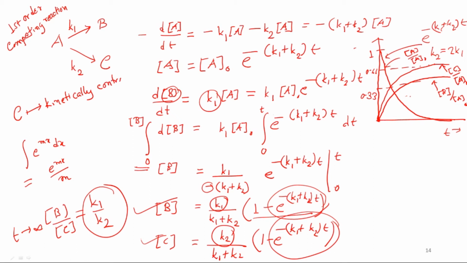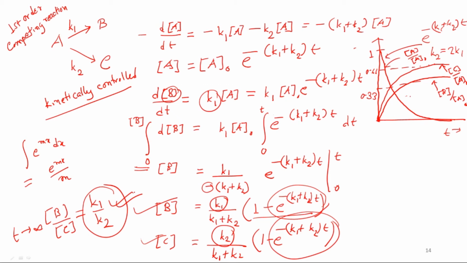Or it is better to say that this reaction is kinetically controlled, meaning the concentration of the species which formed at a faster rate will be higher in the long time limit, because all the ratios are now given by k1, k2, which are rate constants. So the initial rates of the reactions, or the rate constants, are dictating the final distribution of the product, and that's why it is called kinetics governing everything.